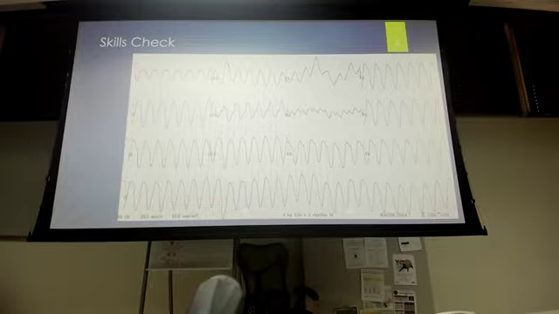Okay, sir, what are your thoughts? Fast, slow, wide, regular? Fast? Wide? Regular or irregular? If it's regular, what do you think it is? So what do we have? Our options.